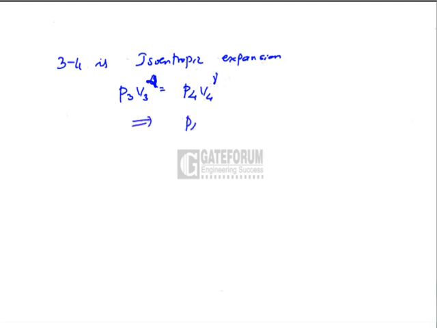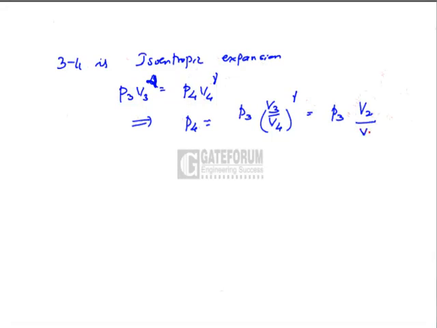Implies P4 is equal to P3 into V3 by V4 whole power gamma. V3 is written as V2, because 2 to 3 is constant volume.